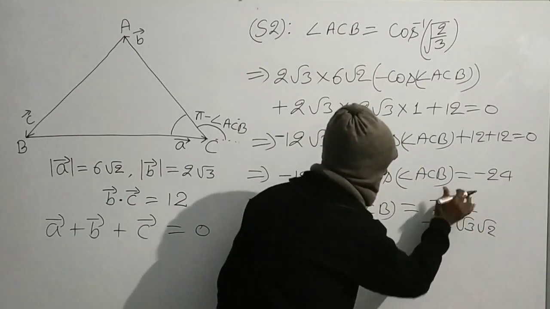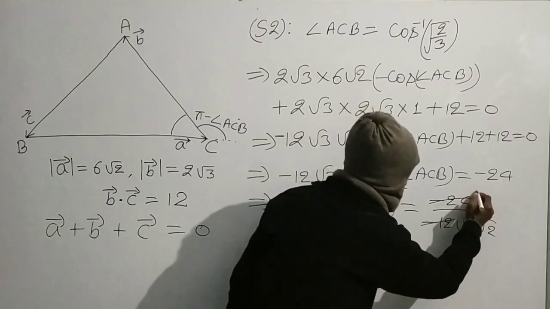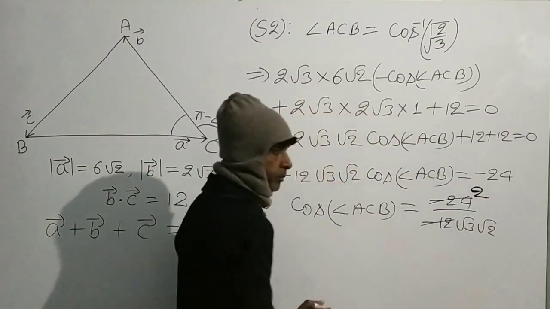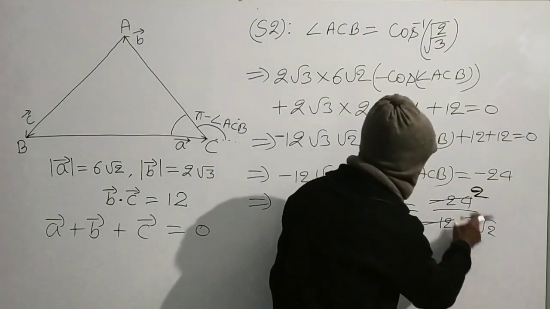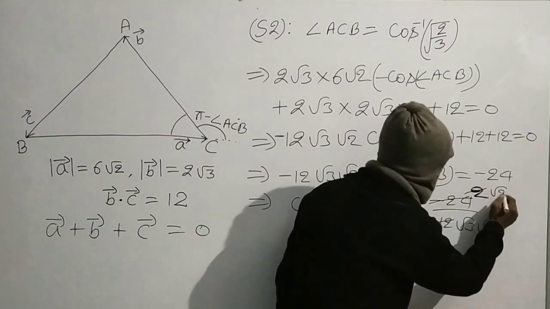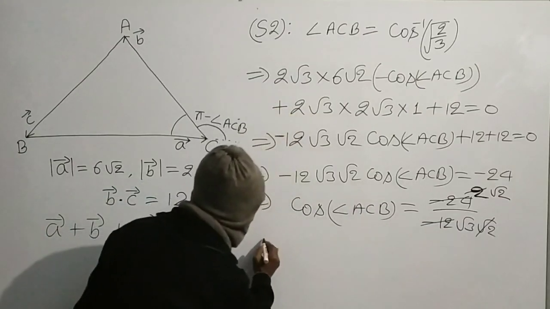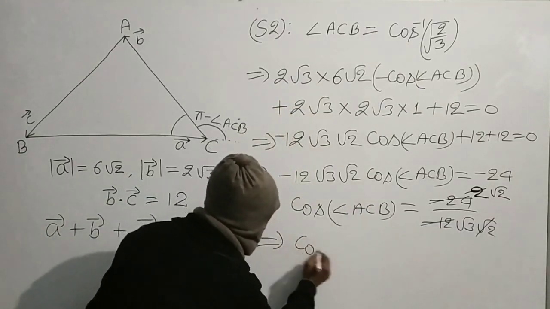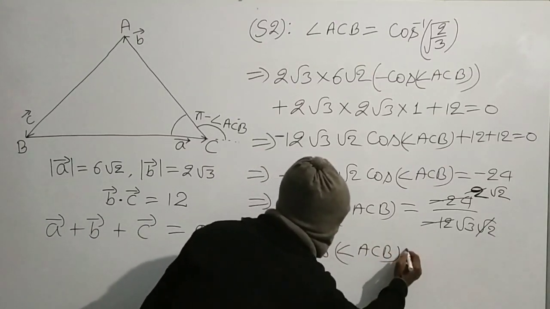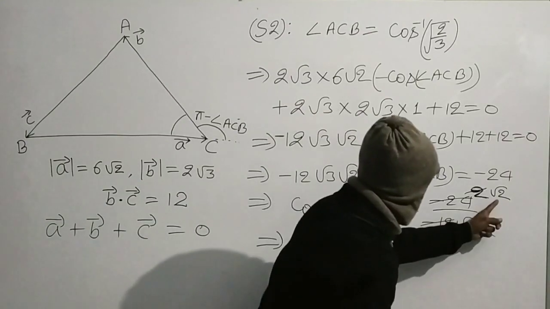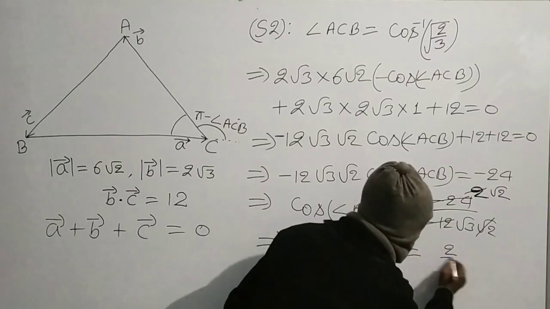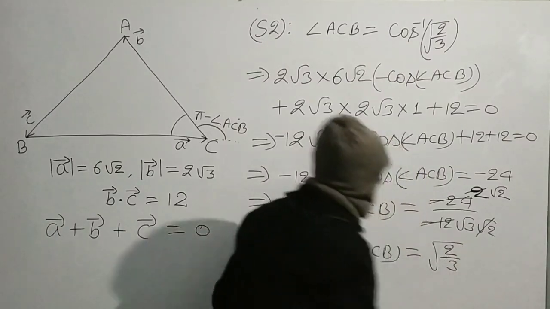Minus 12 and minus 24 will be cancelled out in 2 times. Root 2 will cancel 2 and we get here root 2. That means cos angle ACB is equal to root 2 by root 3, that can be written as root under 2 by 3.